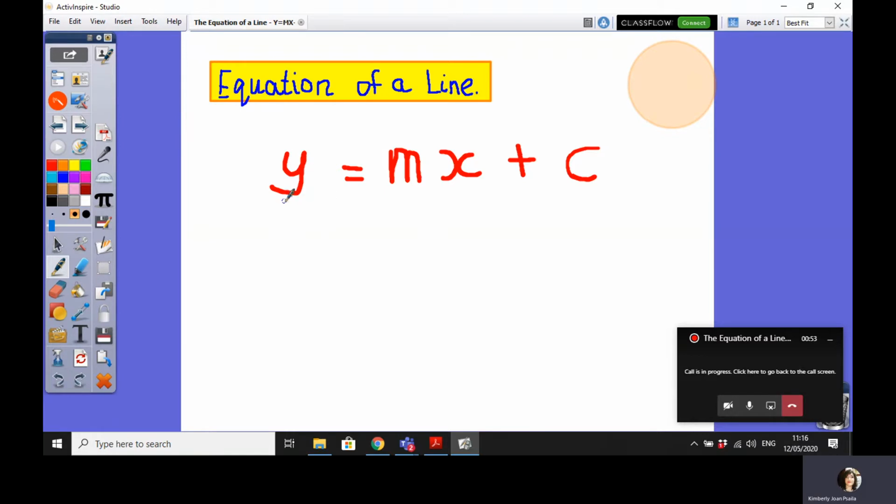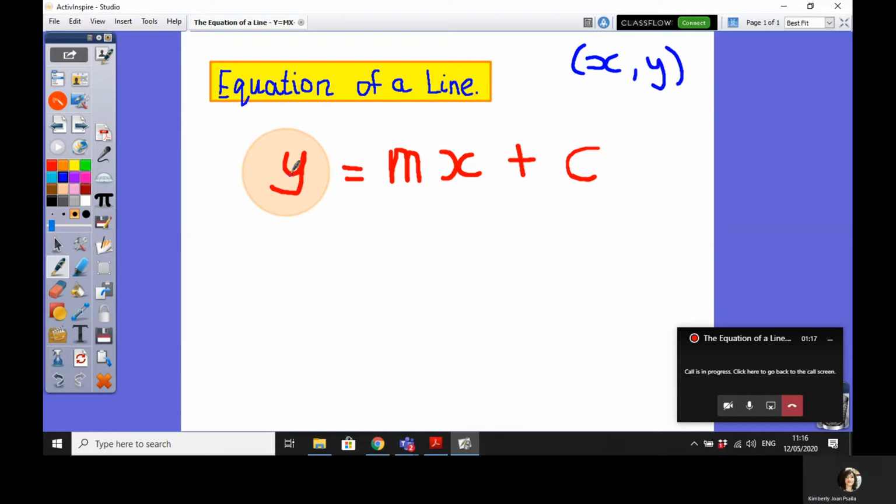Now, what do these letters tell us? Let us start with the letter y. What does this y mean? This y is basically the y coordinate of a point. Let me remind you that when you write down a coordinate, you write it in the form x, comma, y.